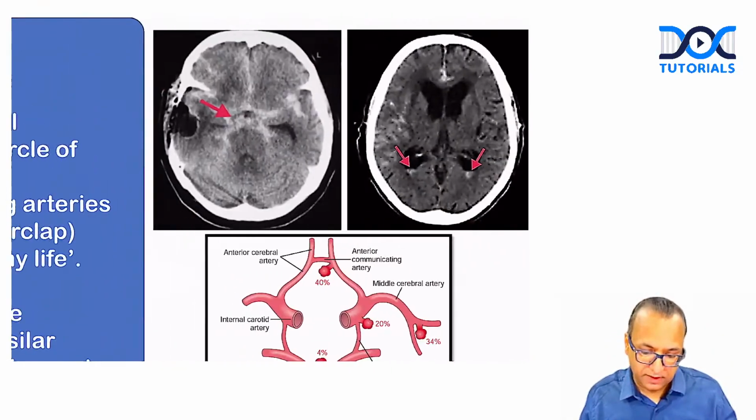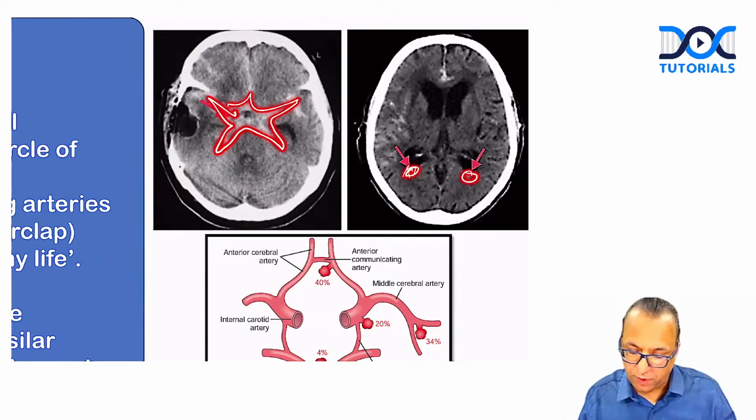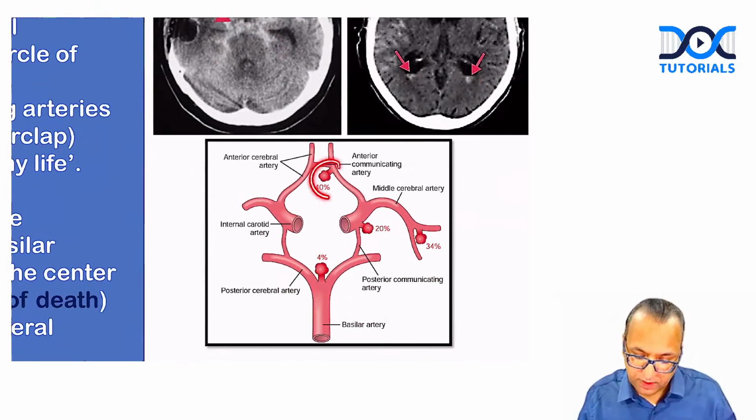So as you see, it will appear like this, and it is going inside the ventricles also, because there's communication. And as we are telling, anterior communicating artery aneurysms are more common than posterior communicating artery aneurysms. This is 40%, that is 20%.